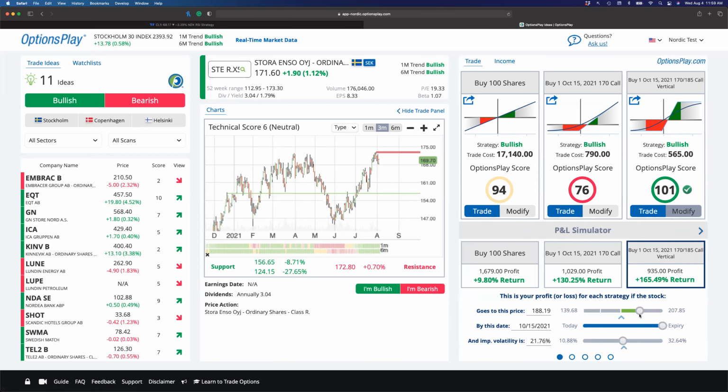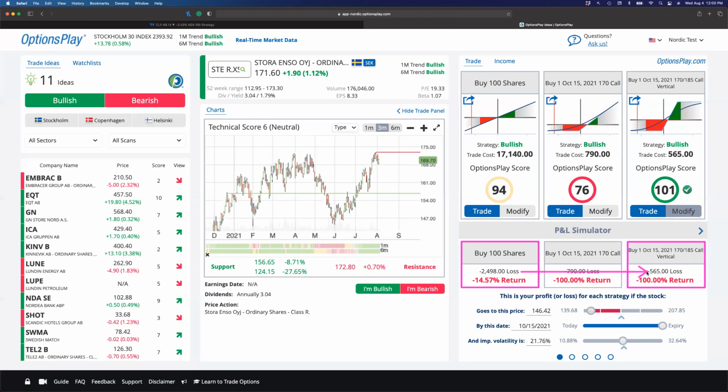That, in my opinion, is very, very interesting because if I'm wrong and the stock returns back to the 146, 147 level, as you can see here, if I bought 100 shares of the stock, I'm looking at 2,500 crowns worth of risk versus here, I'm only risking 565. So I'm risking a little bit more than 20% of the risk that I take from buying the stock, by buying the call spread instead.